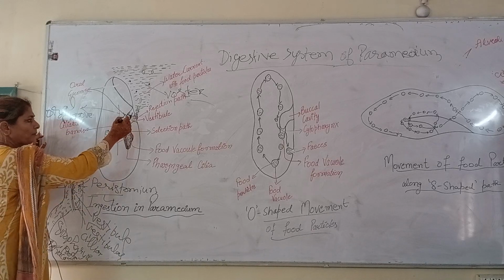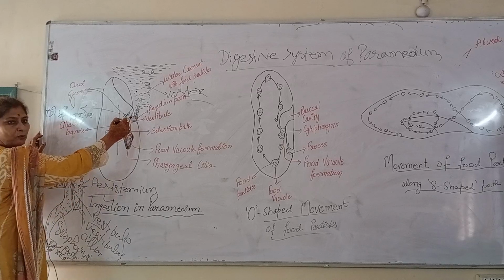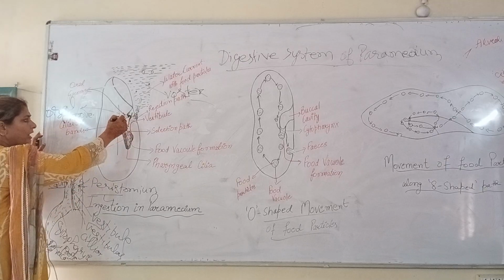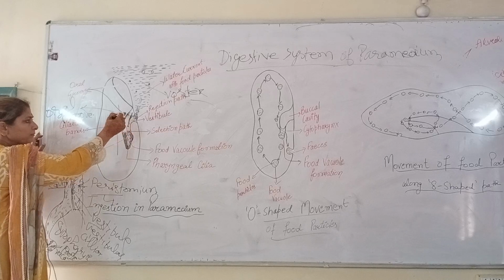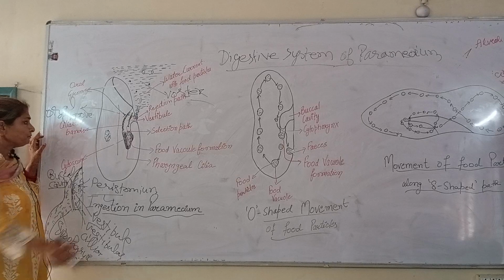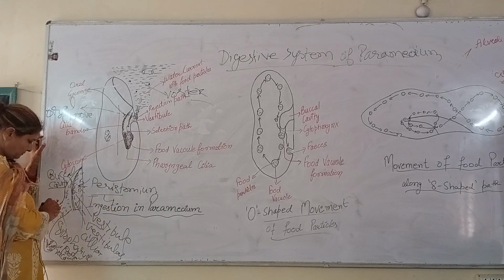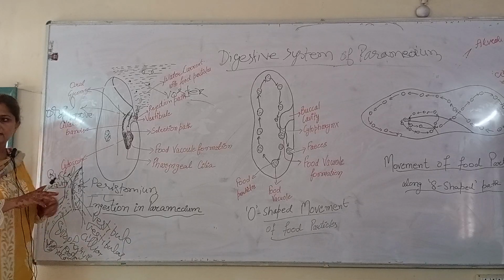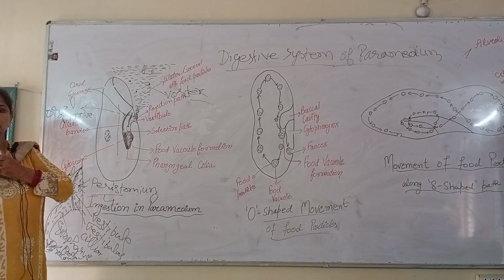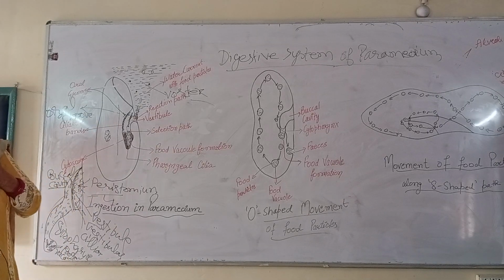After this, small particles they enter into the vestibule. From peristome they enter into the vestibule part. From the vestibule, this food enters into the buccal cavity. After the buccal cavity, it enters into the cytopharynx, where are present a number of rows of cilia.